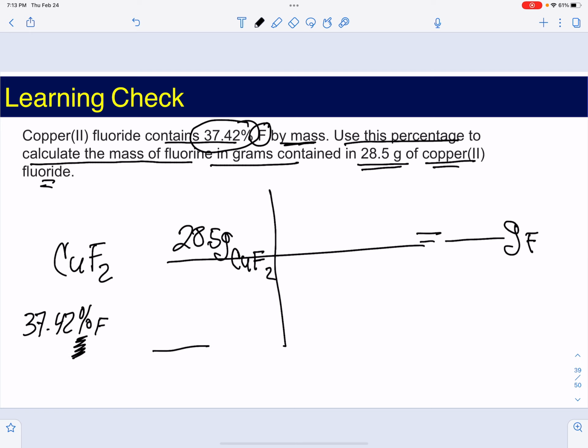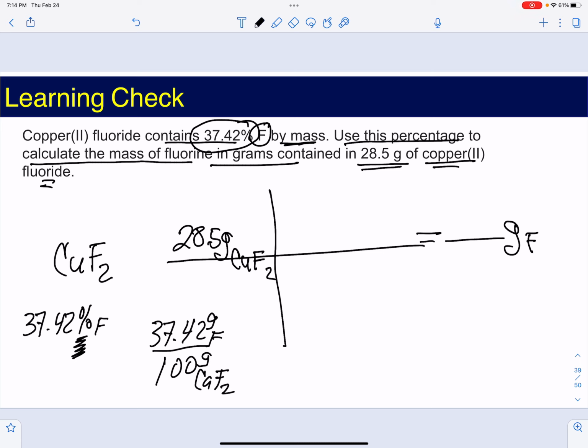So immediately over 100 of the compound, copper fluoride, and we have 37.42 of the fluoride. And given that we're trying to find the mass, we're just going to conveniently put mass units for both of them.